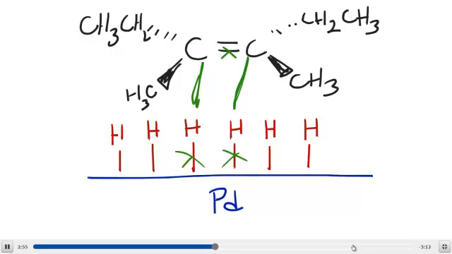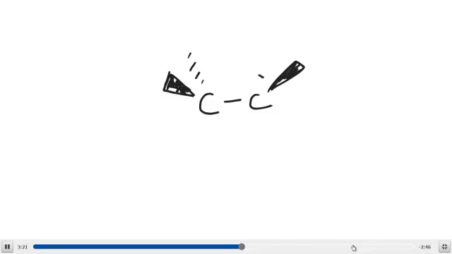Now we're not going to talk about what's going on with the metal, but metals can undergo several different oxidation states. So there's some oxidation reduction chemistry going on here that we're not going to spend a lot of time talking about. But what happens here in the end is that the orientation of what was the alkene stays exactly the same. So what was a wedge stays a wedge, and what was a dash stays a dash.